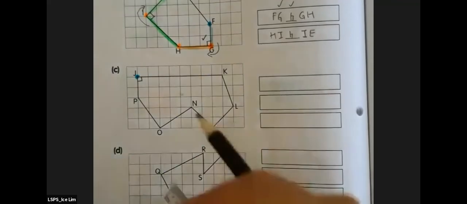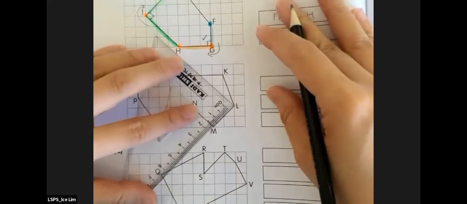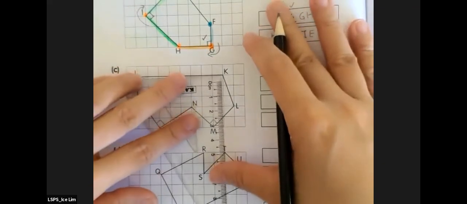Otherwise, I really have to rely on my set square to check every corner. It's not difficult, right? With the set square, it's easier. The set square is the best because it's the most accurate one, and you're using that for drawing.